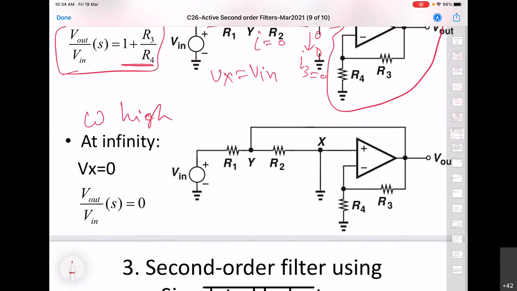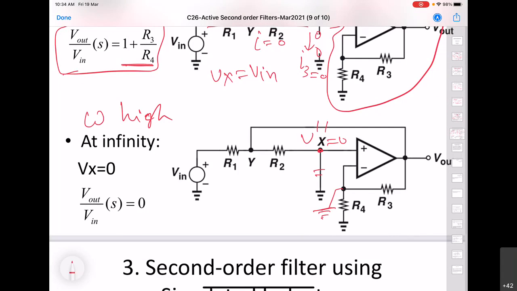Now at high frequency, the capacitors will be short circuited, so what we have here is this scenario. Here Vx is equal to 0 and we have this negative feedback, so this part is also going to be 0.